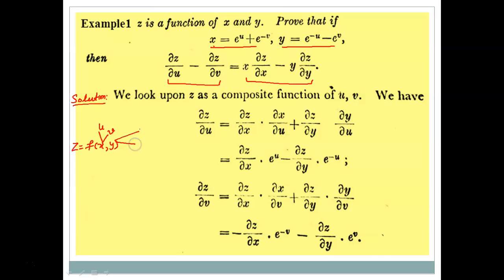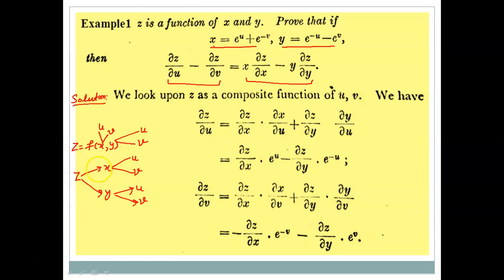Similarly, y is also a function of two variables u and v. So we can say that z is a function of x and y, and further this x is a function of u and v. Similarly, y is a function of u and v.